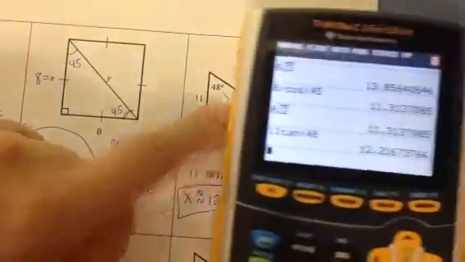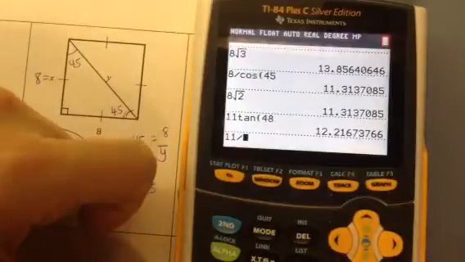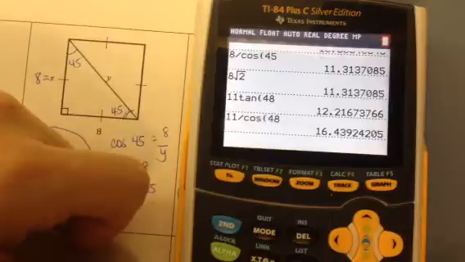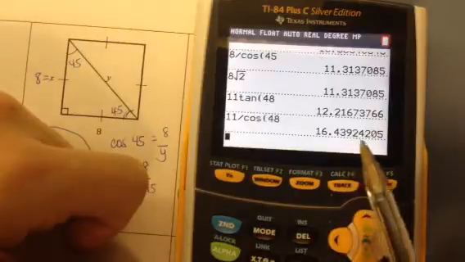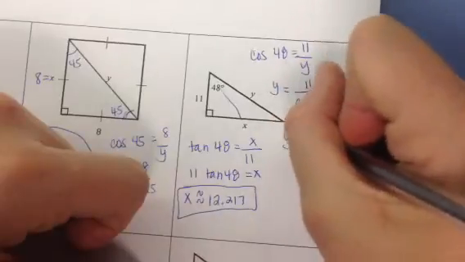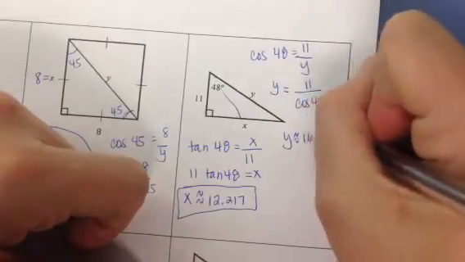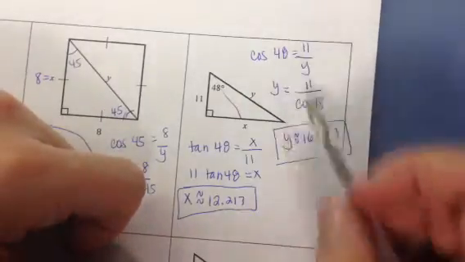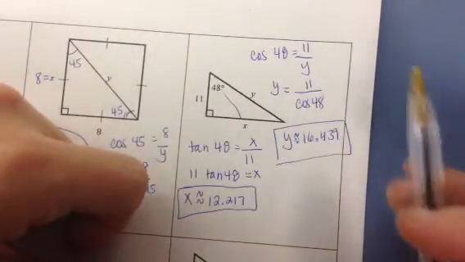So again, in your calculator, 11 divided by the cosine of 48, we get 16.439. So y is approximately 16.439.